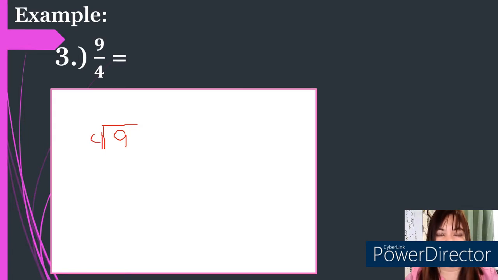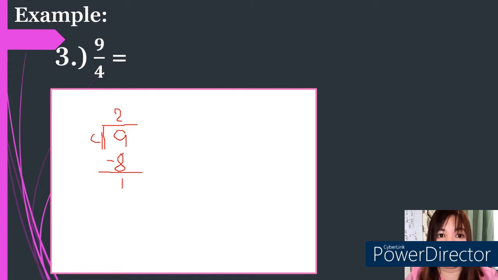We are going to divide 9 divided by 4. We have 2. Then 2 times 4, we have 8. Okay. And what is 9 minus 8? So, we have 1.